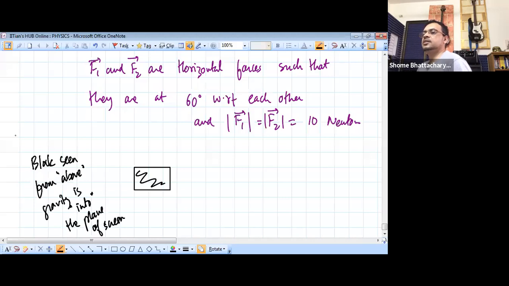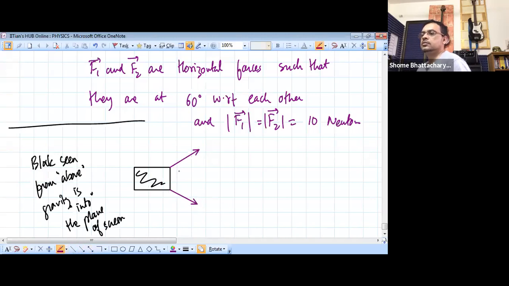In this diagram, gravity is into the plane. So in this diagram, how will the forces look? My forces will look like this. One of the forces is acting at this corner, and the other force is acting at this corner.